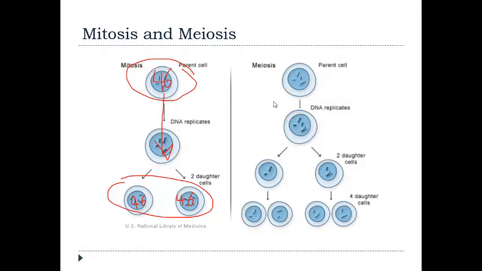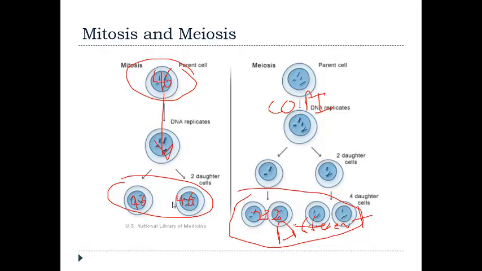We have crossing over, I'm going to write CO. So we have crossing over here in prophase 1, P1, and then we have another division, and we end up with these different cells. So remember, these are different. And by different, I just mean genetically varied. Where in mitosis, they're all the same.